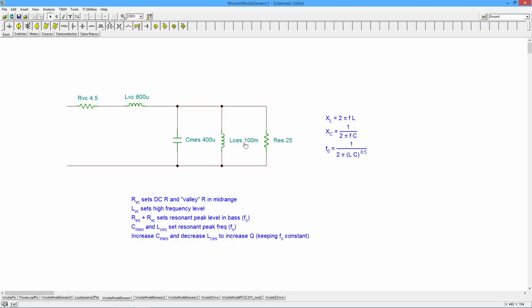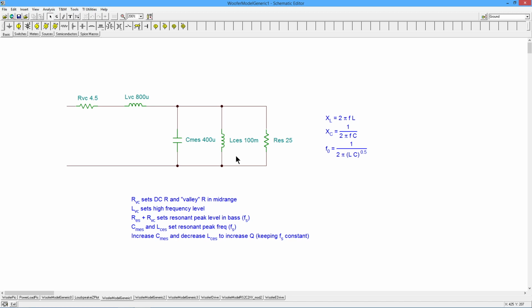Well, what do these things represent? In mechanical systems, things behave in ways that are analogous to the way electrical components behave. In a mechanical system, we have friction, and that can be modeled in an electrical system by resistance. We can model, let's say, the mass of a loudspeaker cone, and mass has inertia.